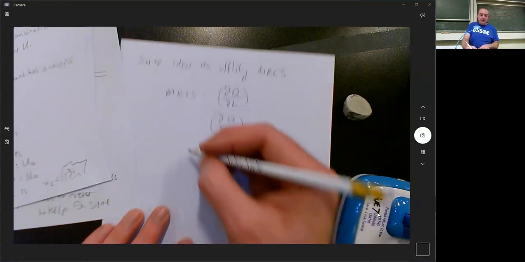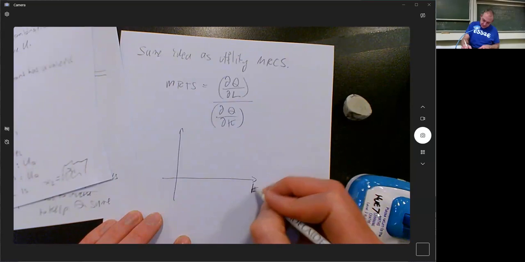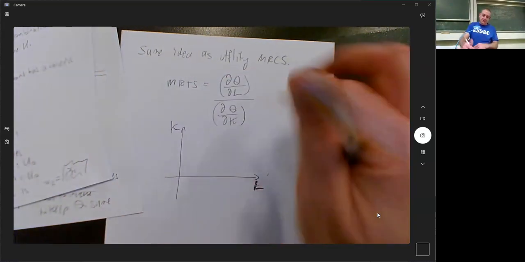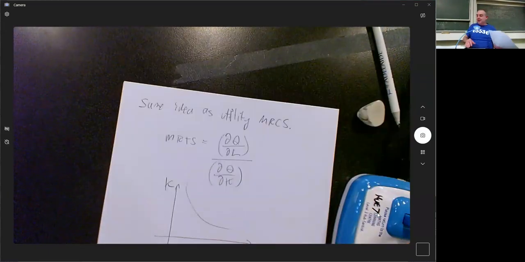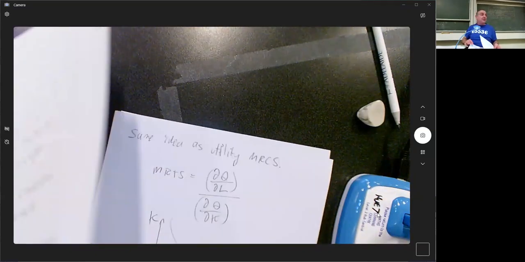And it'll be the same sort of picture. That's L and that's K. It'll be similar, pretty much the same. And that's why they're together in the course, different concepts, but the same maths.